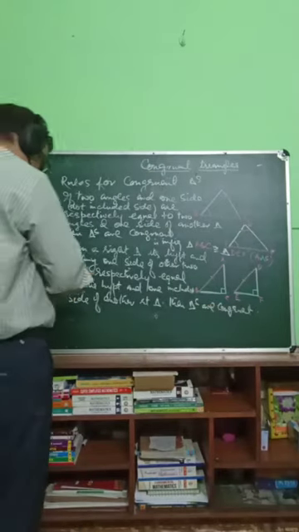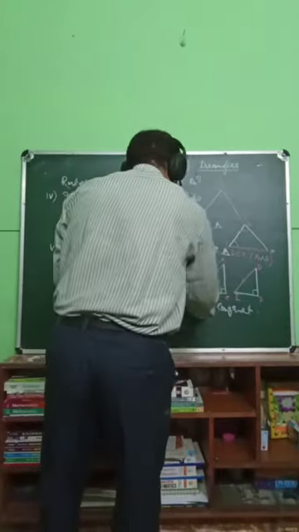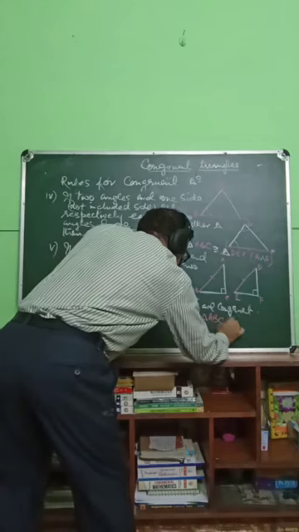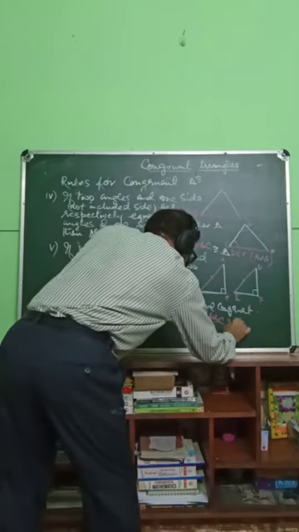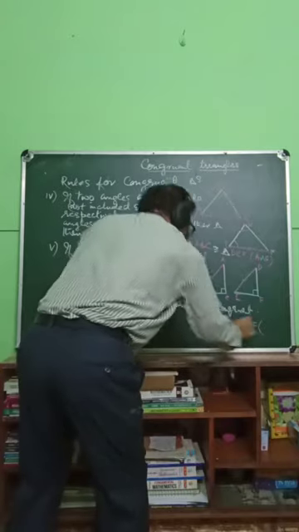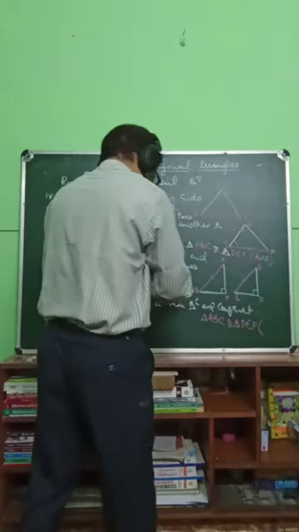This implies triangle ABC is congruent to triangle DEF by rule of right angle.